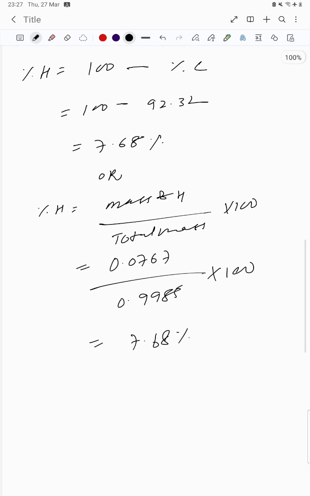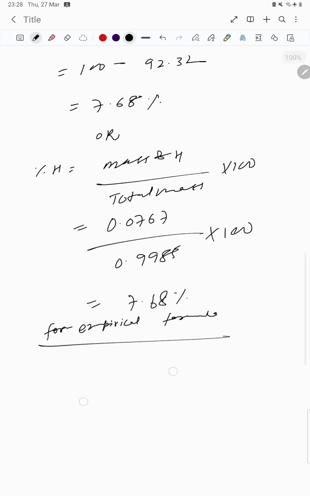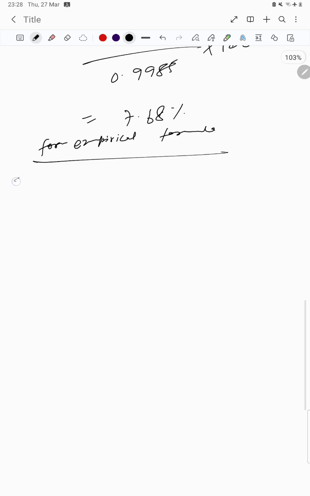Now for the empirical formula, what do you do? For the empirical formula, student, you write the element, then percentage mass, then number of moles.